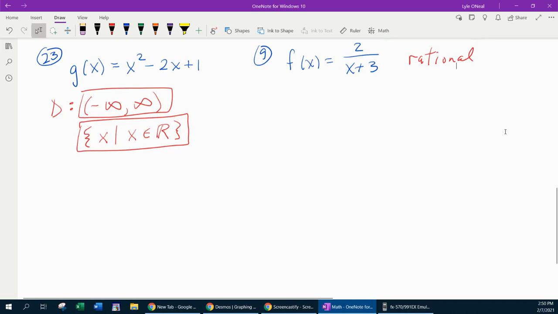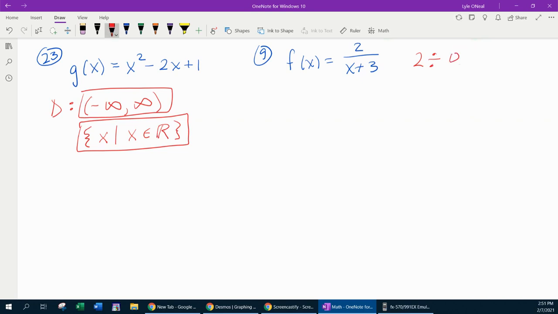And it turns out that rational functions have what we call restrictions. Now, why is that? Well, it's because a fraction bar means to divide. And so this would say 2 divided by some stuff. Is there anything that you cannot divide by?